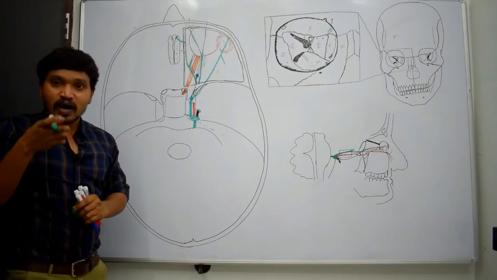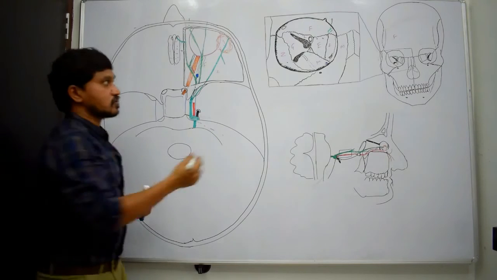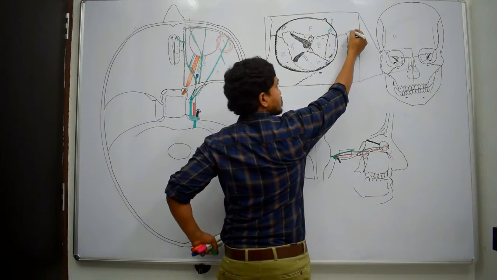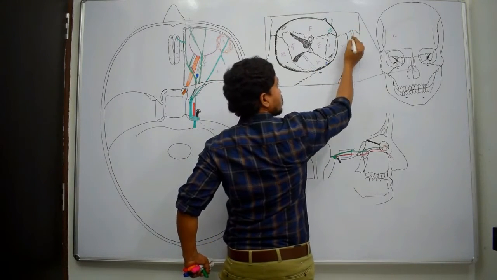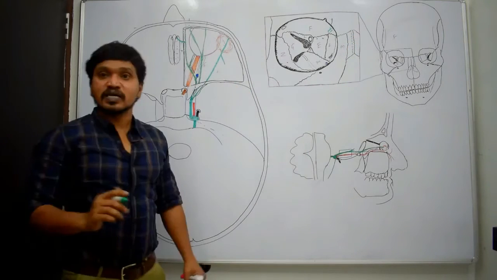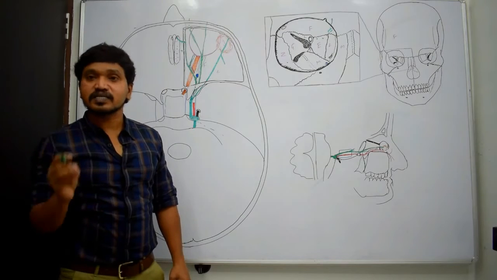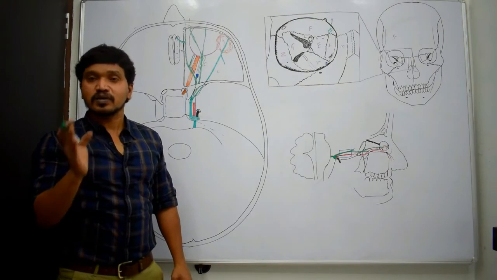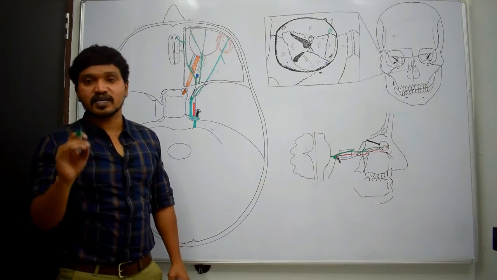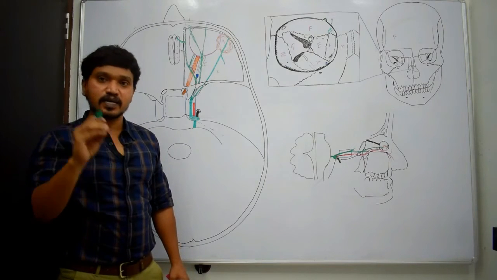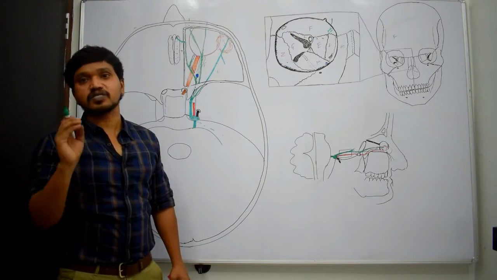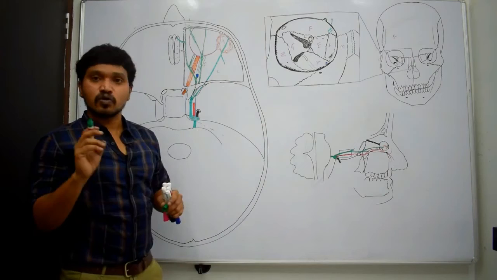Then it passes deep to the nasal bone. See, this is the nasal bone. In the nose, it gives internal nasal branches. Those are medial and lateral internal nasal branches. These medial and lateral internal nasal branches will supply the mucosa of the nose.